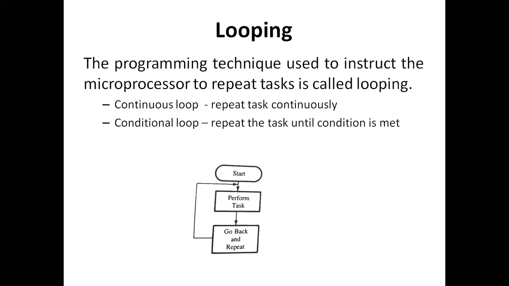So first we start with looping. Looping is a programming technique used to instruct the processor to repeat a task. Whenever you have to repeat a task many times, that can be done with the help of looping. Take the example given in the form of a flowchart: we start a process, perform a task, and then the instruction says to go back and repeat.